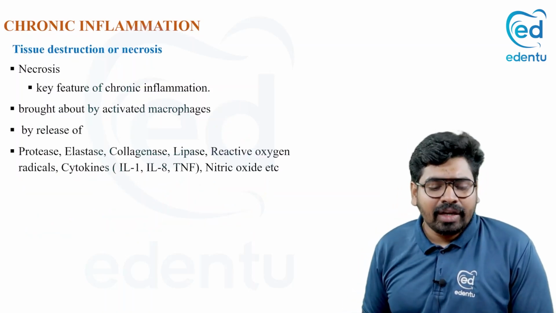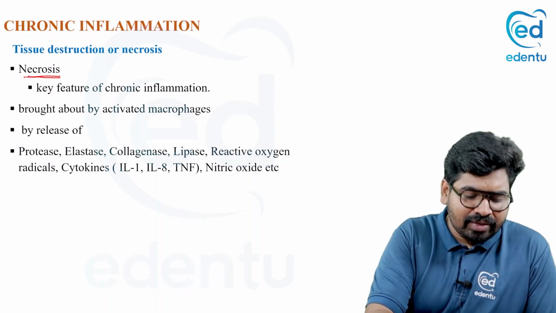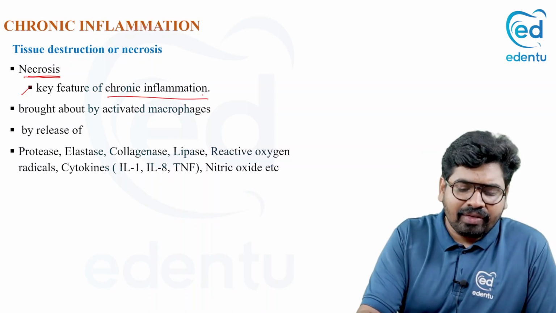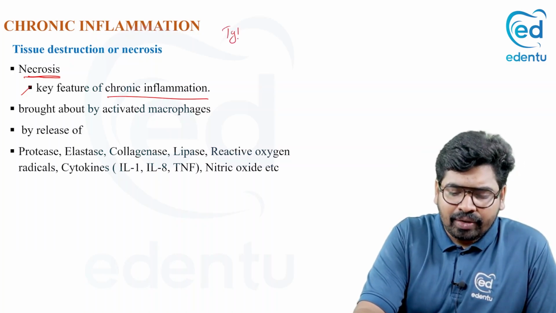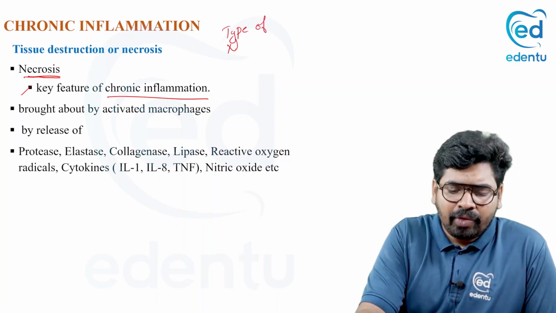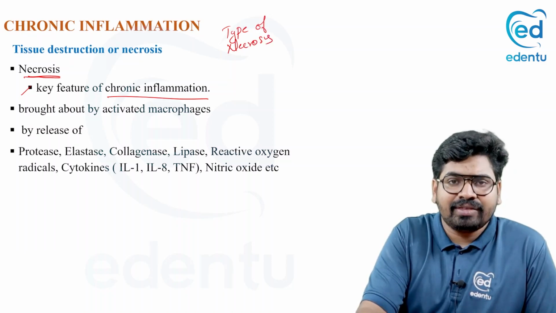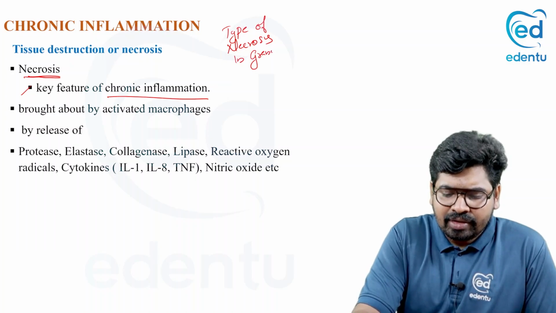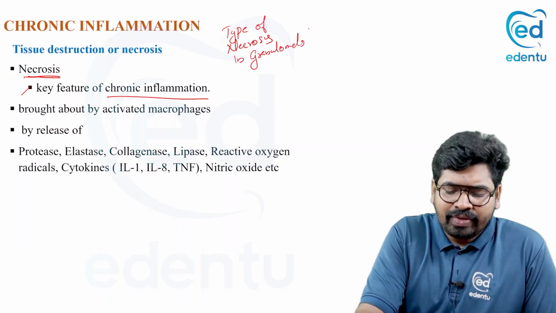And what they do is there is necrosis. Necrosis is seen in chronic inflammation. So what type of necrosis do you usually see in granulomatous or chronic inflammation?